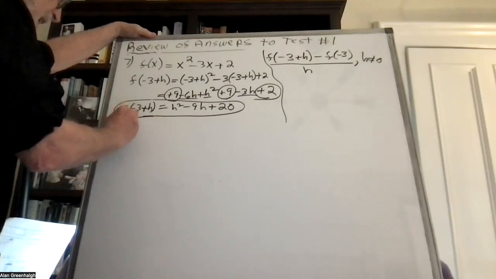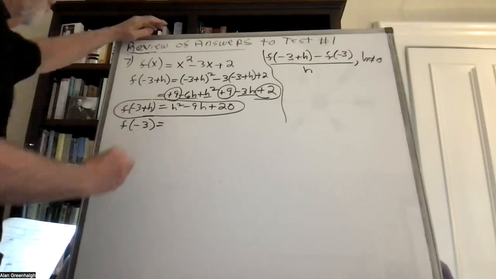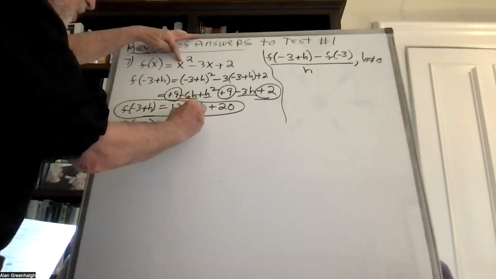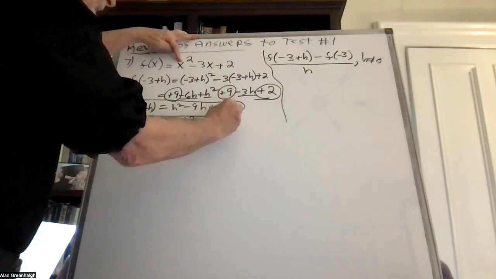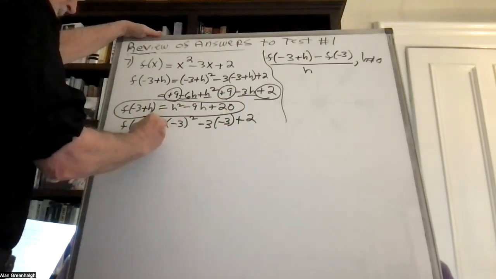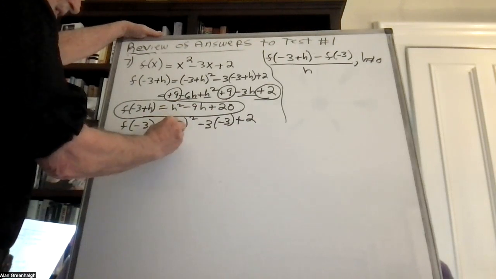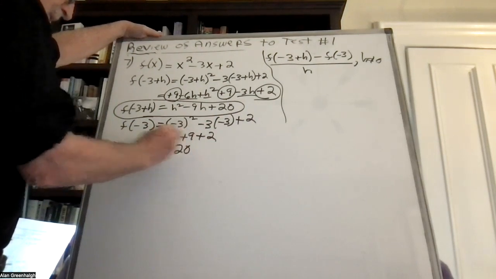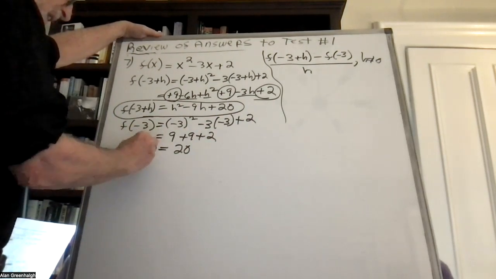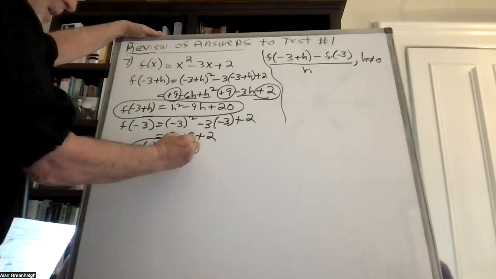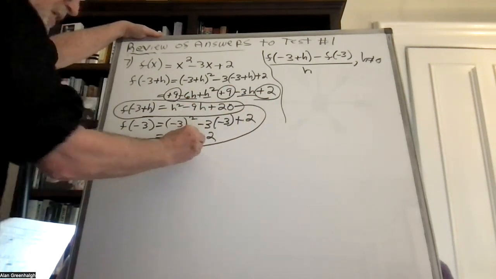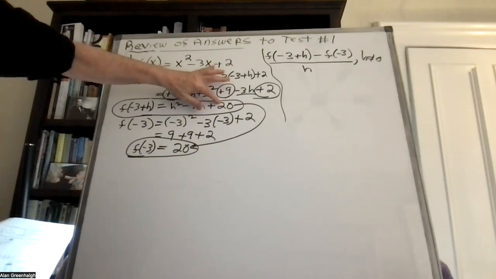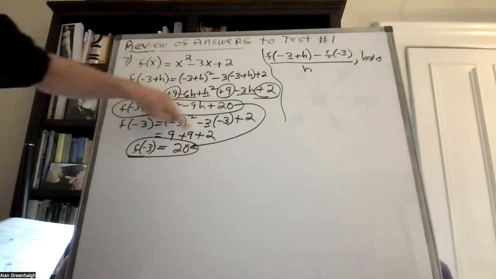Then you want to do f of -3, which would be the original function, but with -3 substituted in here. And that would give you +9, +9, +2. As I told you, when this part of the problem is the same as this part of the problem, that's a good sign. Because this number should be the same as that number on the end.